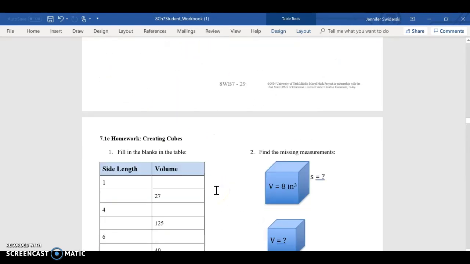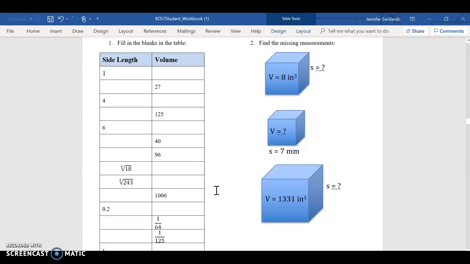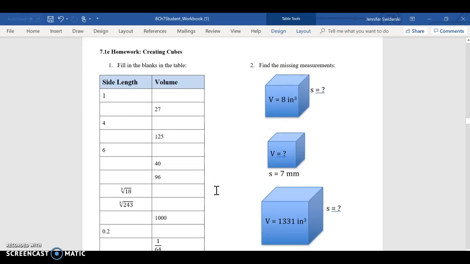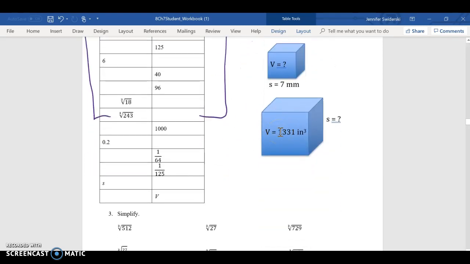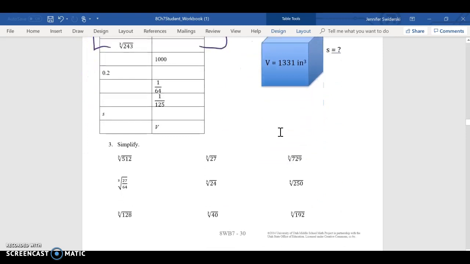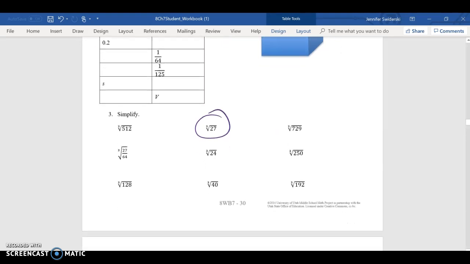All right, good job. So here's what we're going to do. I would like for you to go ahead and try this section here on your 7-1E, and I would like you to try number 2. When you are done, go ahead and try this one. And then we're going to go ahead and move on.